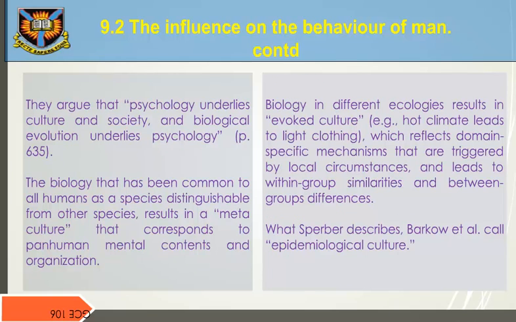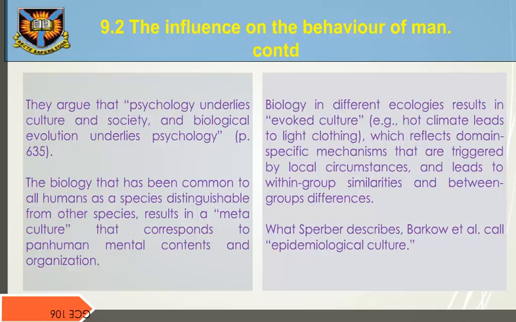They argue that psychology underlies culture and society, and biological evolution underlies psychology. The biology that is common to all humans as a species, distinguishable from other species, results in a metaculture that corresponds to pan-human mental contents and organization. Biology in different ecologies results in evoked culture.